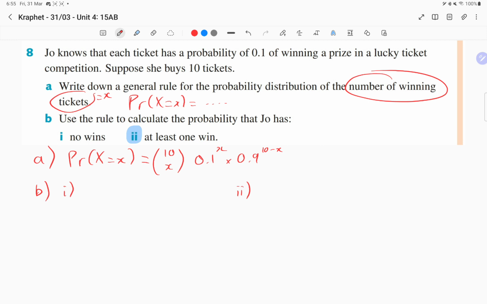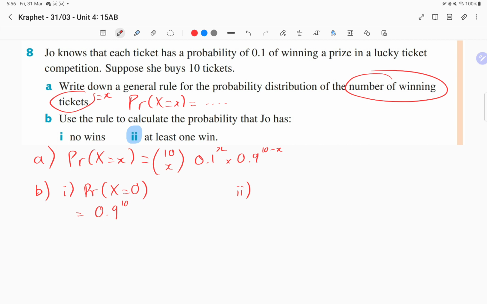Most likely this one will come out in a tech-free paper. So question I, the probability of 0 wins, would be 10 choose 0. That's only one way. And then 0.1 to the power 0 with no wins, which is just 1. So that should be 0.9 to the power of 10. If you can't work it out in the tech-free one, just leave it as it is.